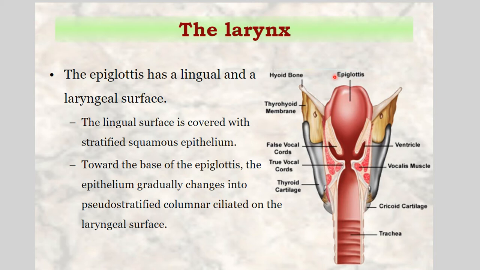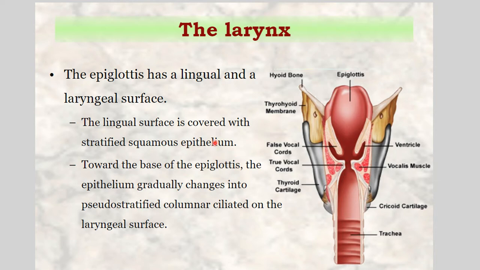Lingual surface is anterior and laryngeal surface is posterior. The lingual surface is covered by stratified squamous epithelium. Toward the base of the epiglottis, the epithelium gradually changes into pseudo-stratified columnar ciliated on the laryngeal surface.